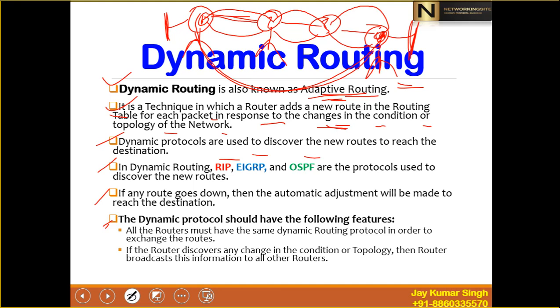So if you want to communicate, both routers must use the same routing protocol. See, if I'm speaking English and you are also speaking English, then we are communicating. But if you are speaking French and I'm speaking English, we cannot communicate, right? Same here. The dynamic routing protocol must be the same on both routers for communication.